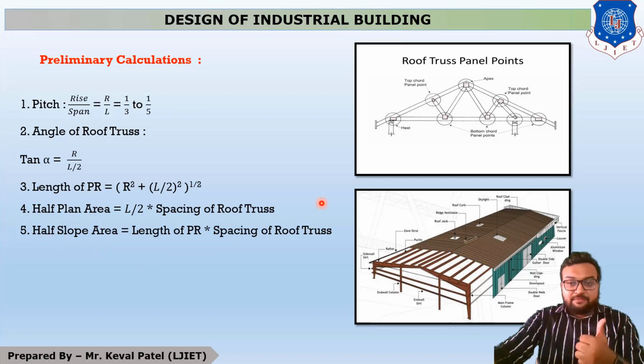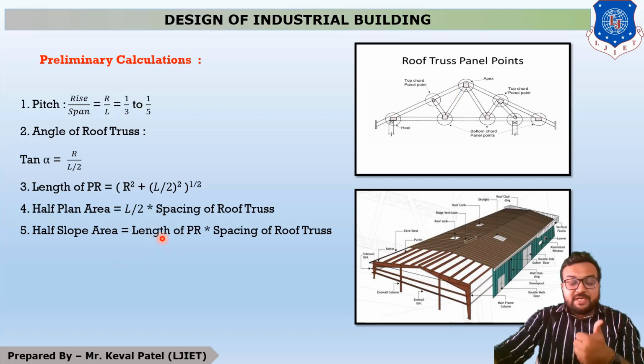And our fifth definition is half slope area. Similarly, half means we consider only this portion. Second is slope, which means we have to see the slope area. Whenever you see the slope area, you have to visualize this length. And what is this length? This length is the length of principal rafter.